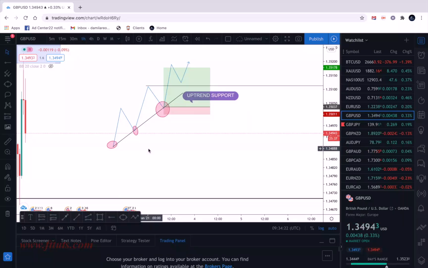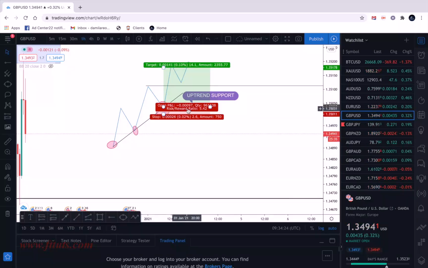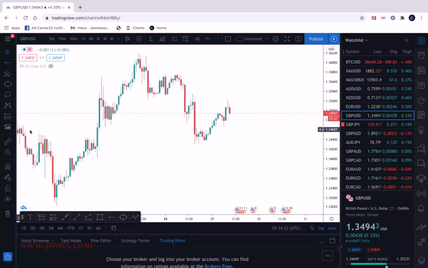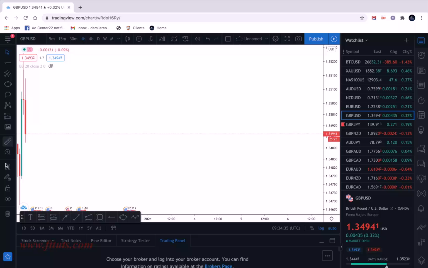Now the same thing applies likewise to the downtrend market. Let me clear this. The downtrend market is the same thing. This is how the downtrend market looks like.